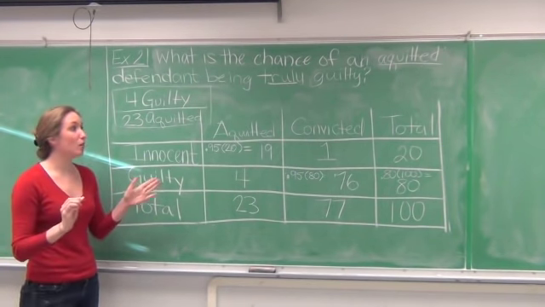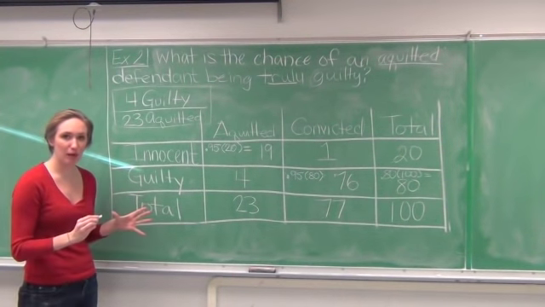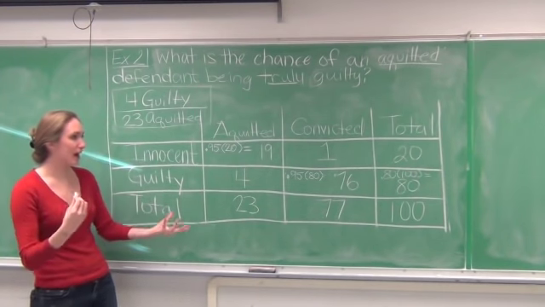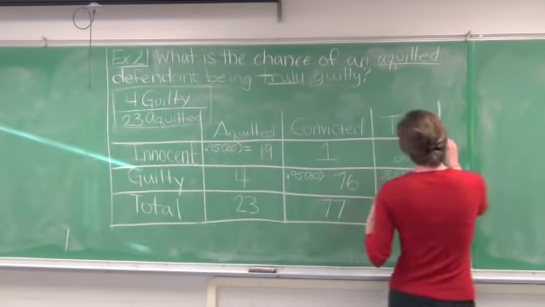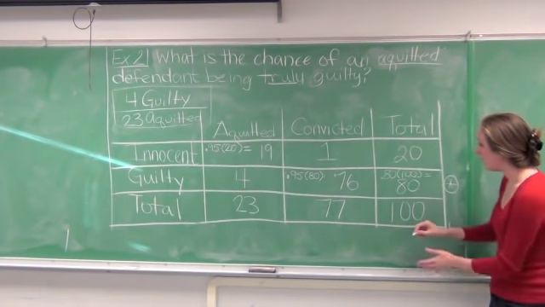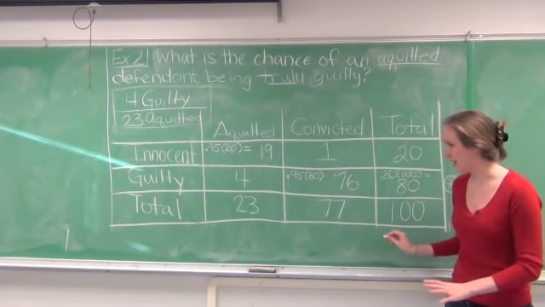So the take-home point that I really want to stress is the hardest part about doing these problems is figuring out which facts to apply where. We were given 2 facts. First, 80% of defendants were truly guilty. That was the fact that you applied to the total column, that applies to the total 100 defendants.